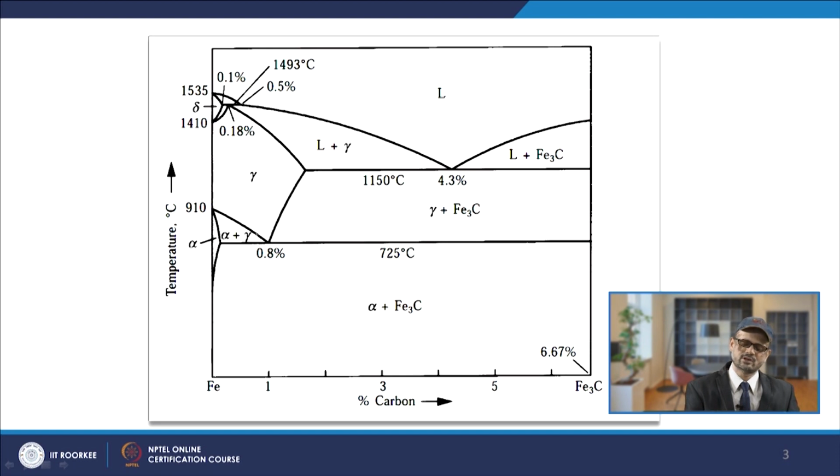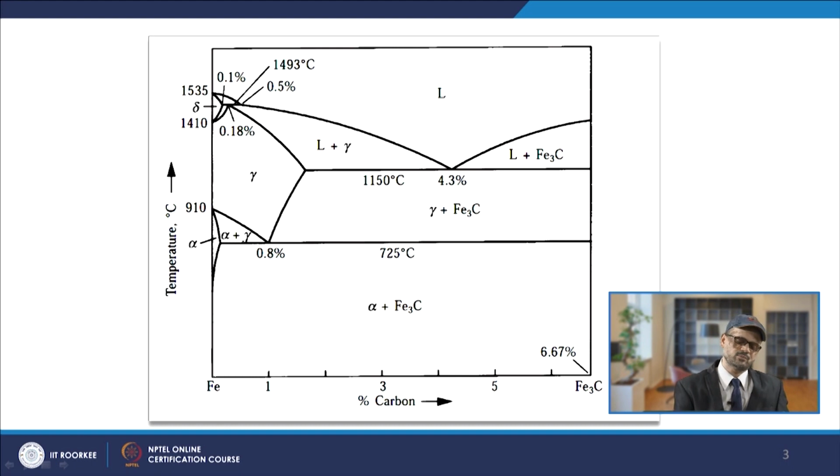So, that will go on, and from here again you will have alpha and gamma. This remaining gamma will again transform to pearlite. So, you will have ferrite plus pearlite. Similarly, when you go to this side, you will have pearlite plus cementite.